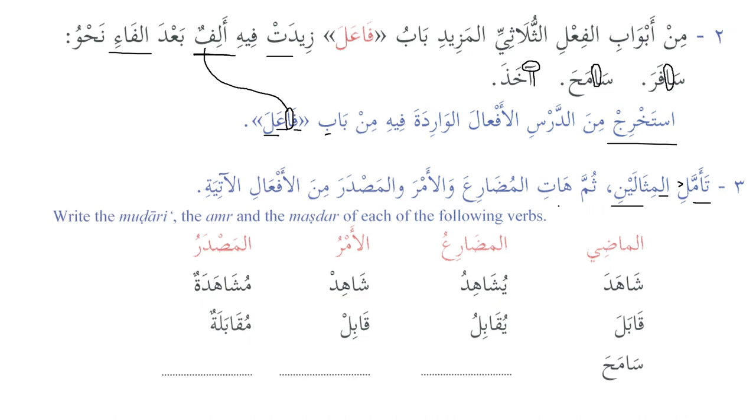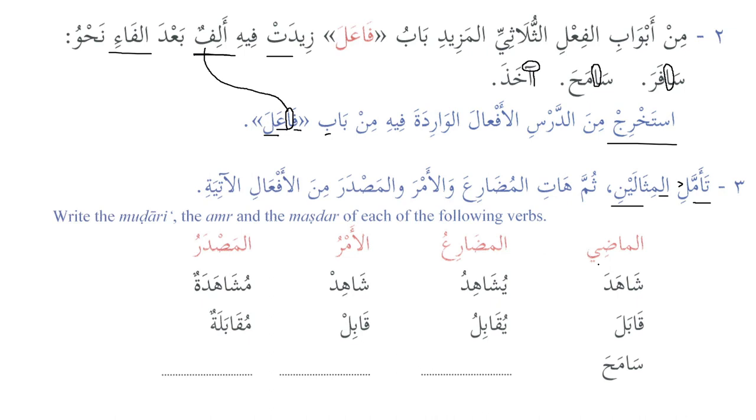Thumma, hati al-mudari'a, then bring the present tense, wal amra, and the imperative, wal masdara, and the infinitive, min al-af'al al-atiyati, from the following verbs. Whereas the easy translation: write the mudari, the amr, and the masdar of each of the following verbs.